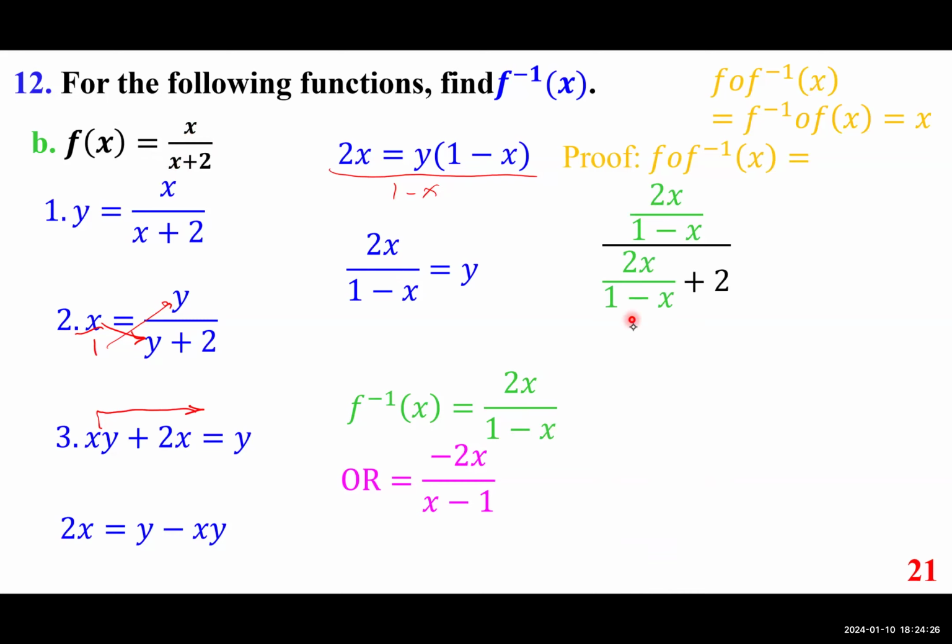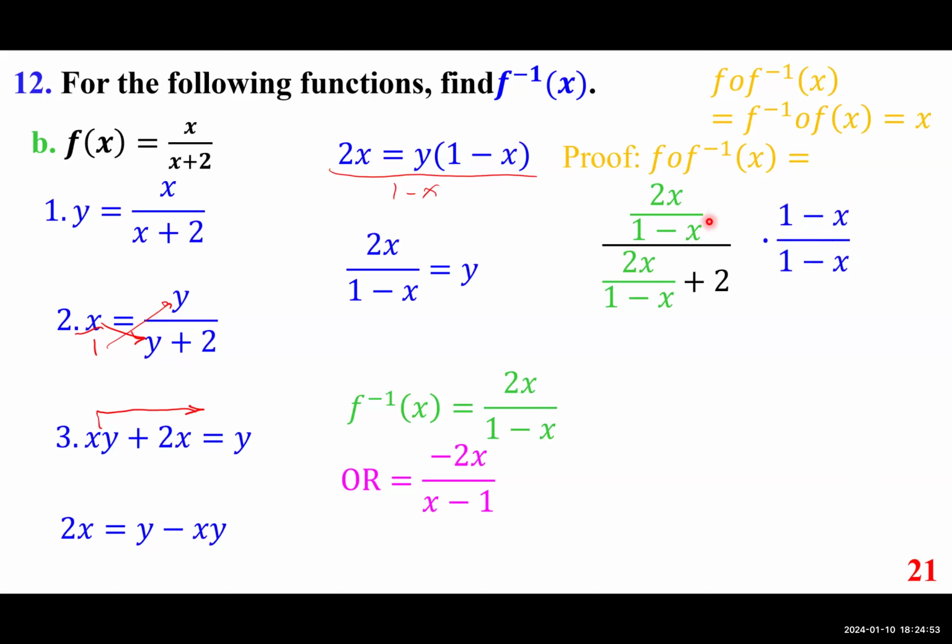The fastest and easiest way to get rid of the complex fraction, you multiply the top and the bottom by the LCD, the least common denominator for all. And as you can see, 1 minus x is the denominator for the top fraction, and for the bottom fraction, let's multiply everything by that. That means multiply the top by 1 minus x and the bottom by 1 minus x.